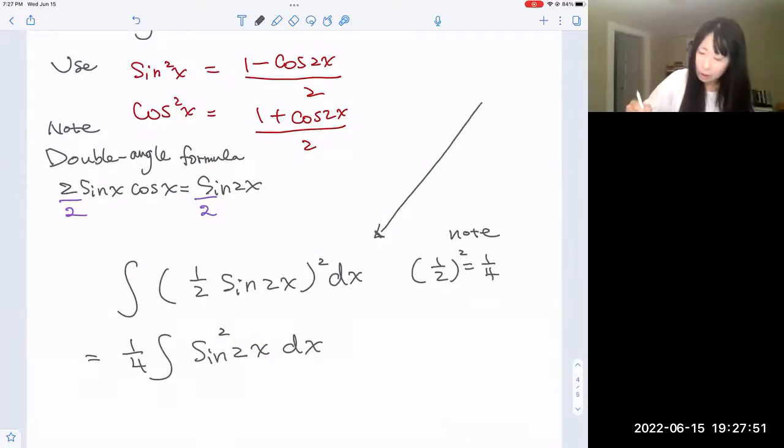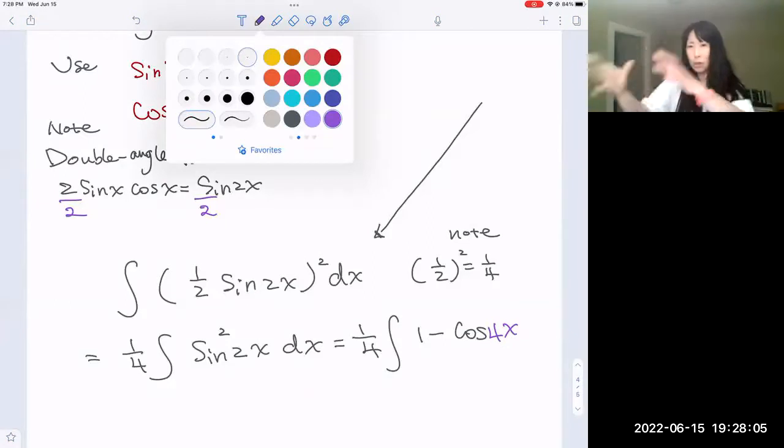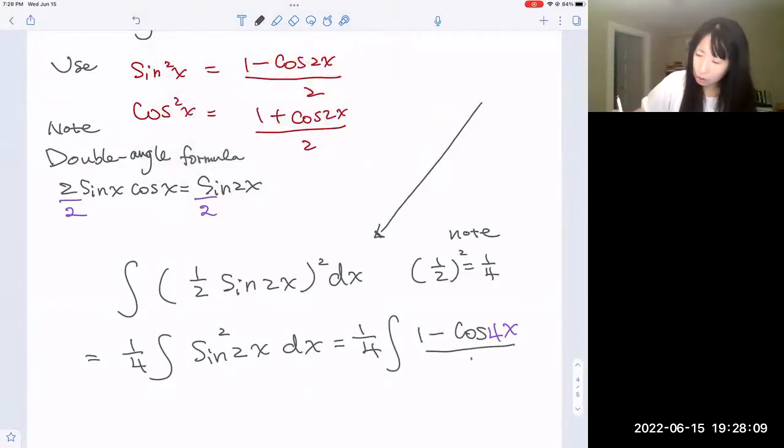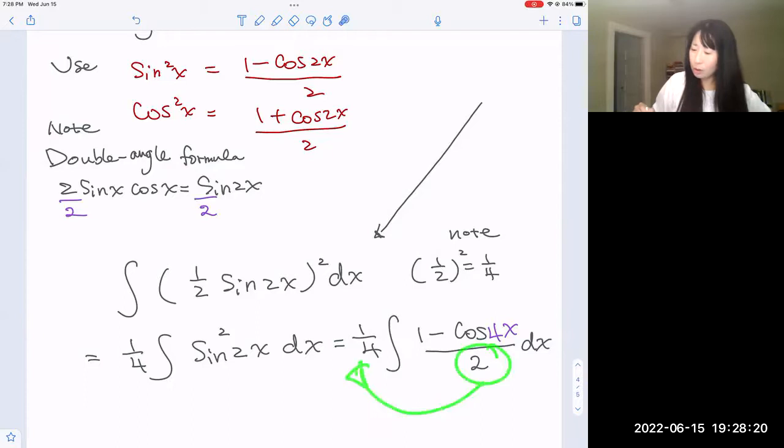So look, 1/4 and 1 minus cosine. Let me make it a little bit bigger so that you know we are using 2x corresponding to 4x, over 2. Okay, and dx. All right, this is a constant, so we can take it out of the integration symbol.